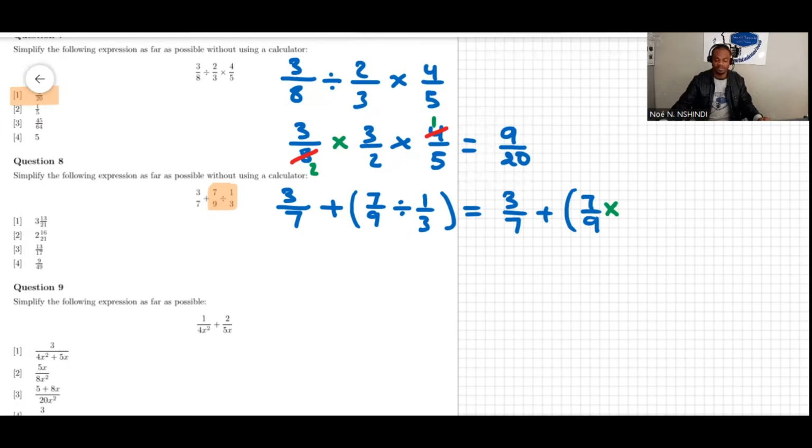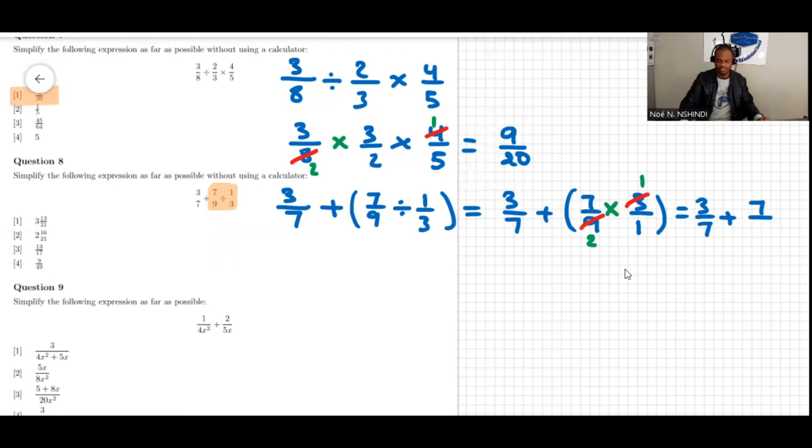It will become 3 over 1. Now we can simplify. 3 gets into 9 three times, so there will be 3 here, and then that 1. And then this will be just 3 over 7 plus 7 times 1 is 7.